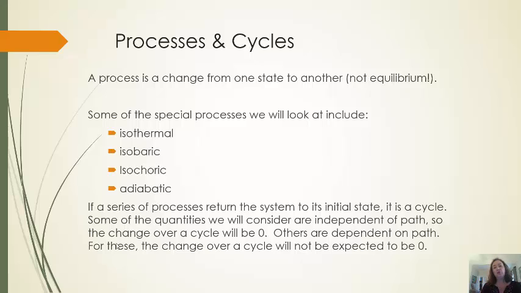The ones I think you want to make sure you really know the words for: isothermal, constant temperature; isobaric, constant pressure; isochoric, constant volume; and adiabatic, no heat transfer. A process could be any one of these. If you go through several processes and eventually the system ends up back at its initial state, it's called a cycle. So a cycle is a series of processes where you end up with no net change.